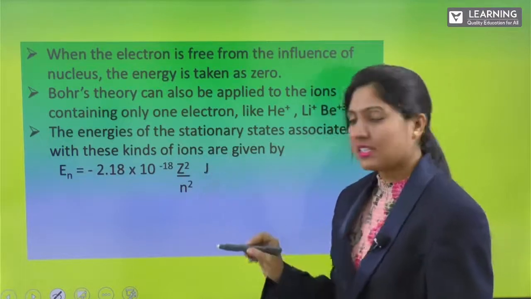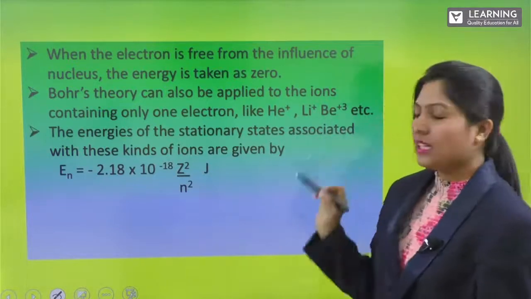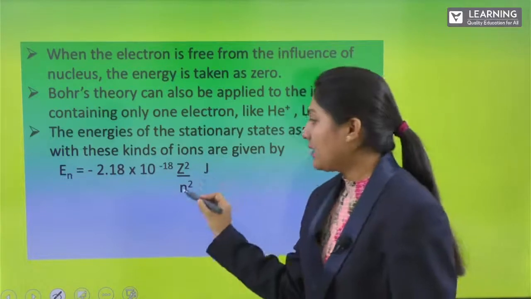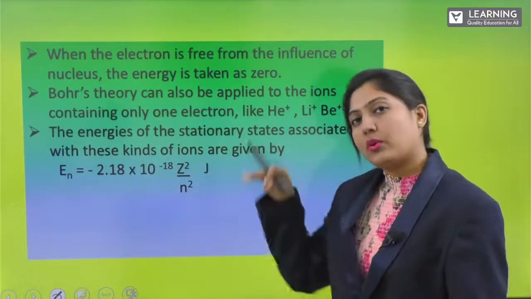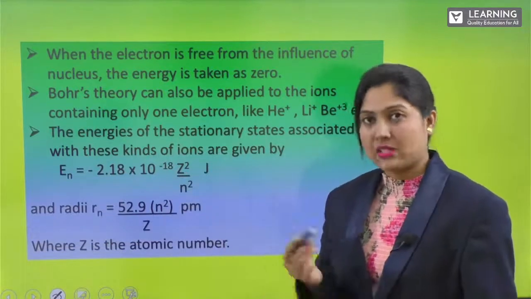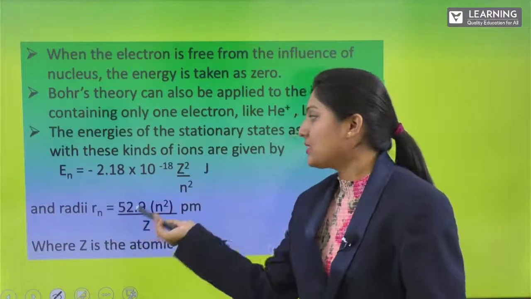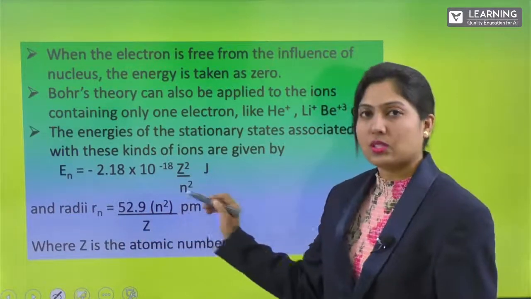As I said, Z is the atomic number of the hydrogen-like species and N resembles the number of the orbit. And the radius we can give as Rn is equal to 52.9 divided by Z into N square.